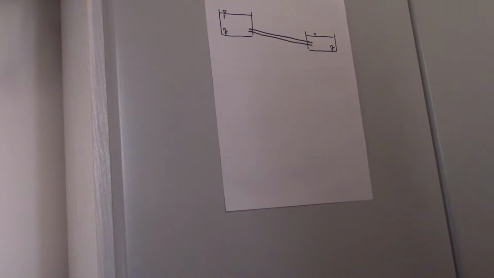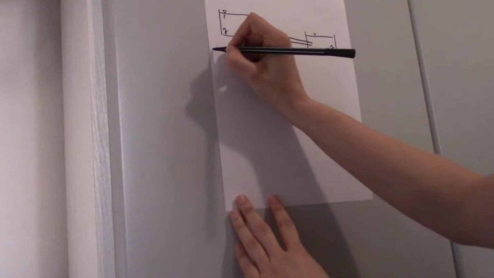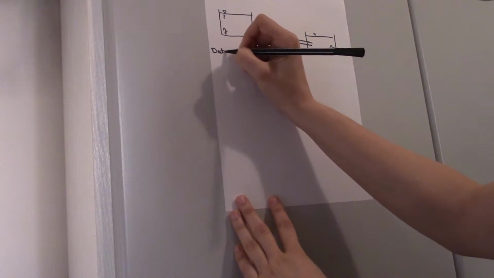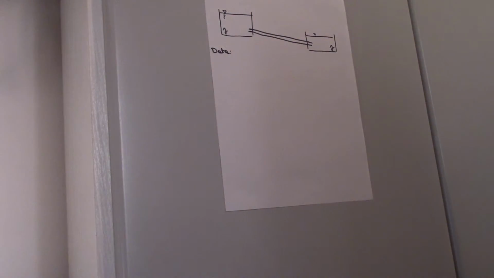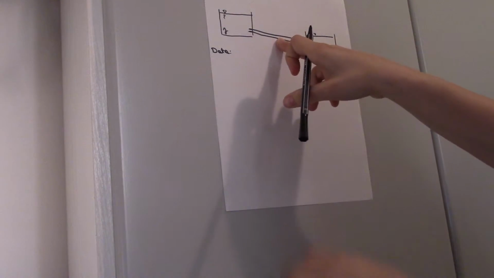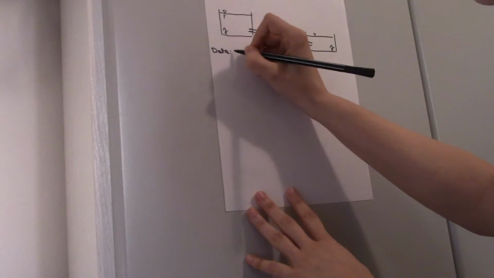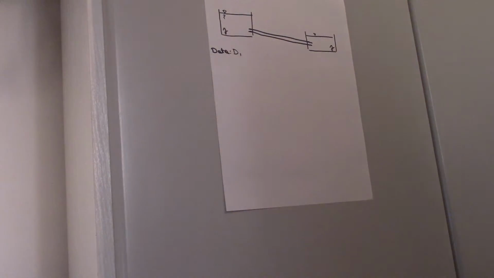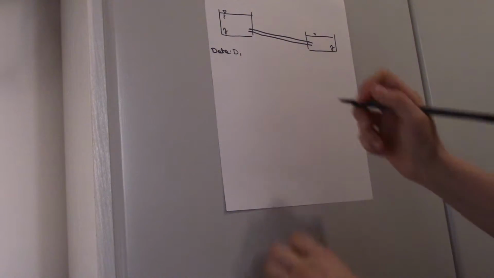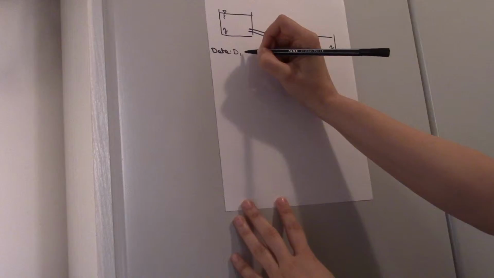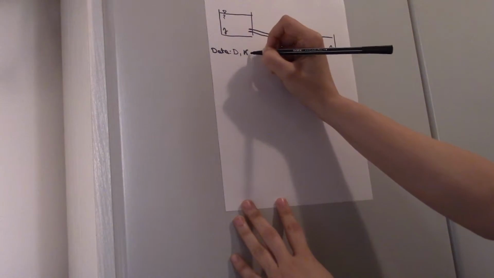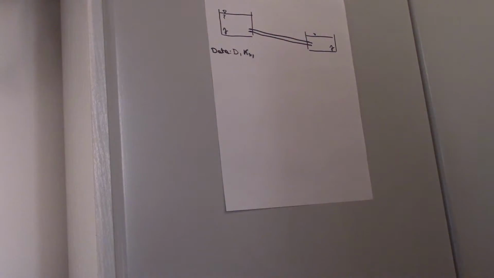Okay, so some data. We know in this case that we know exactly the diameter of your pipe, d. The Gauss-Strickler coefficient, Ks.